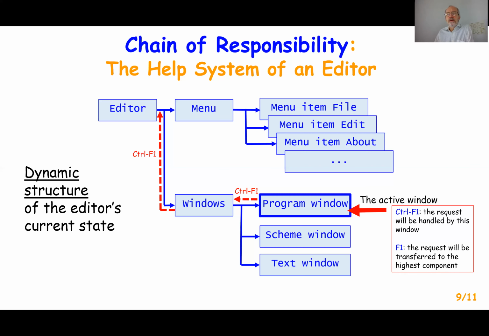Therefore, this window transfers the control to the upper window, to the window it belongs to. On my slide, the window that is the owner of program, scheme and text windows is a kind of specific component that holds the whole set of windows. I called it windows in this picture.